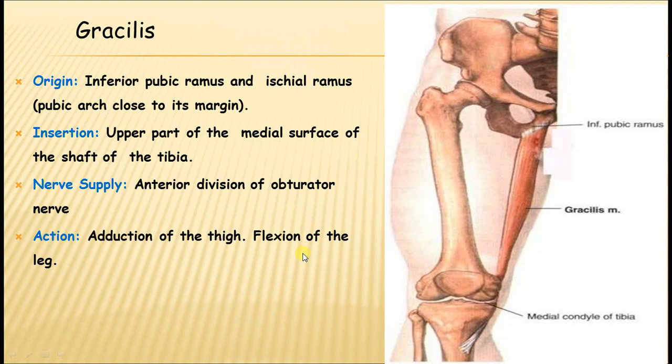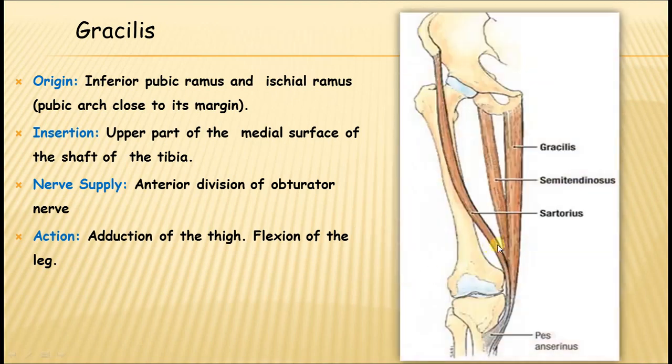It is also a flexor of the leg at the knee joint. These two actions enable women to maintain their virginity. That is why it is called the gracilis muscle.